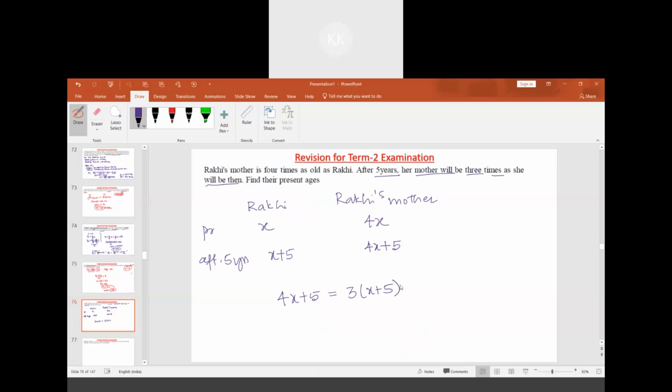So 4x plus 5 will be equal to 3x plus 15. x will become equal to 10. So the present age of Rocky is 10 years and mother's is 40 years. 4x is 40.